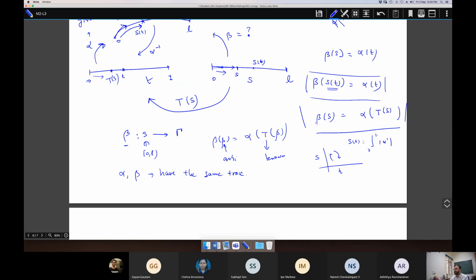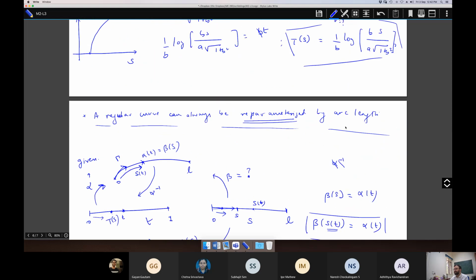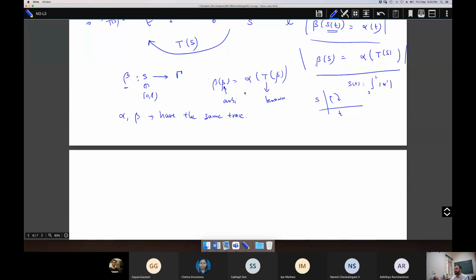Now, we say that this is a parameterization by arc length. What do I have to check for beta? I claim that beta equals alpha composed with T is an arc length parameterization. So what do I need to check?